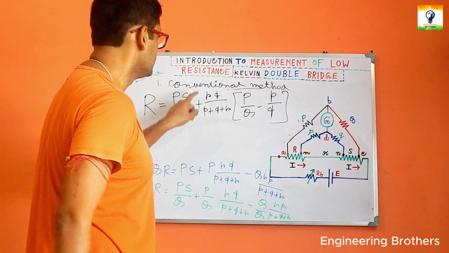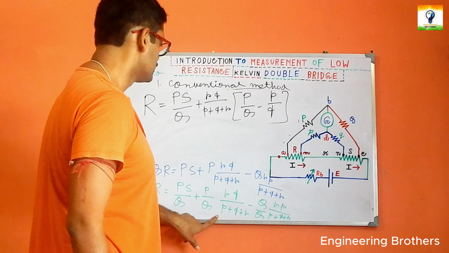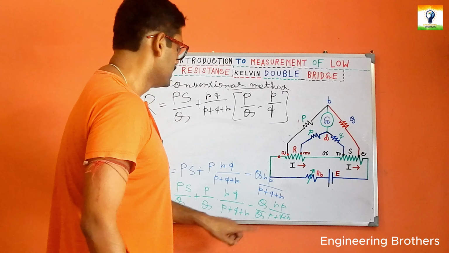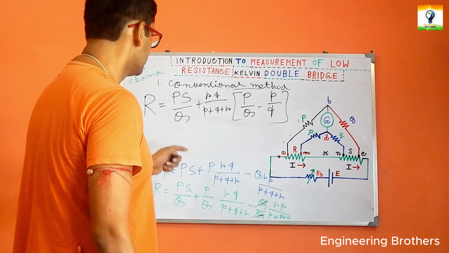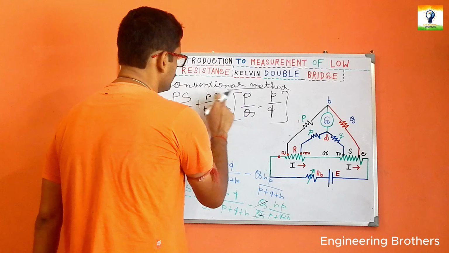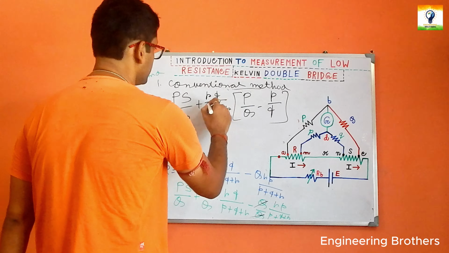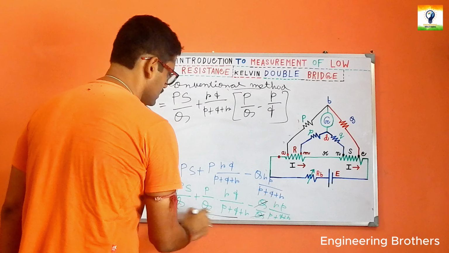If you multiply these as RQ divided by P plus Q plus R, you will get this portion, and this Q will be eliminated, and small p divided by small p plus small q plus small r will be present for that condition.